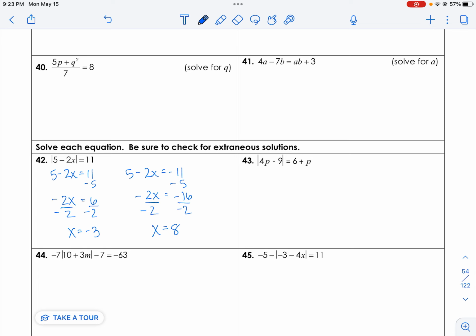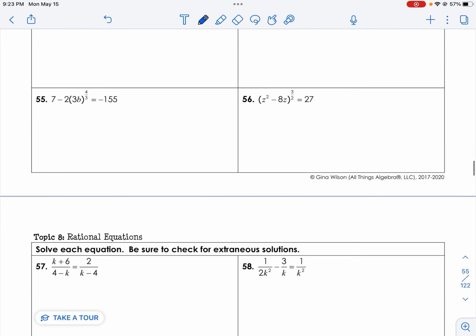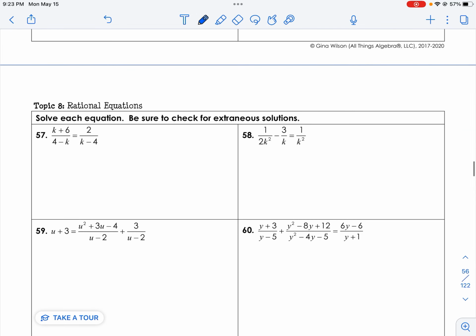Okay, the last questions that I would like to look at in this section are 57 and 62. So 57, I'm going to solve this proportion like I would any proportion and cross multiply. So I'm going to say, okay, k plus 6 times k minus 4 is equal to 4 minus k times 2.